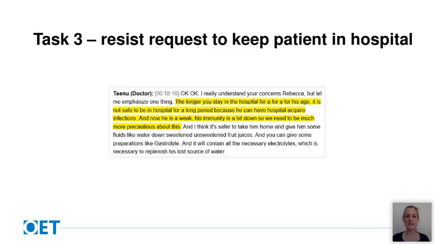What this doctor said was correct, but perhaps it was more than necessary for the parent as the first explanation, because you don't want to scare the parent into taking their child home. You just need to explain, as the doctors did on the previous slide, that you understand why they're worried, but that they'll be fine at home.